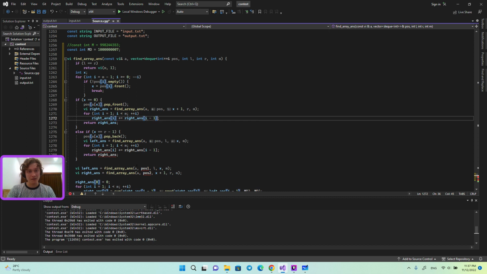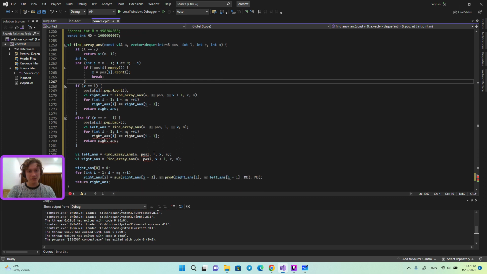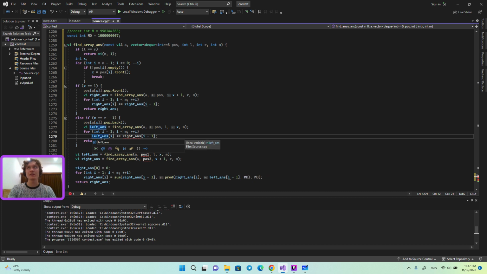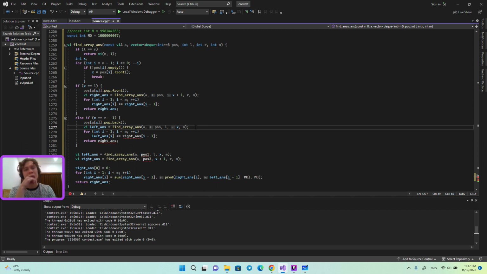Yeah. And x is L, not 0. Then we say that left ans I is actually, we don't need the left ans to be at most.